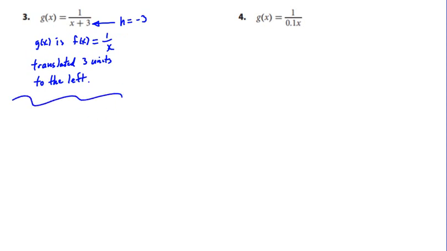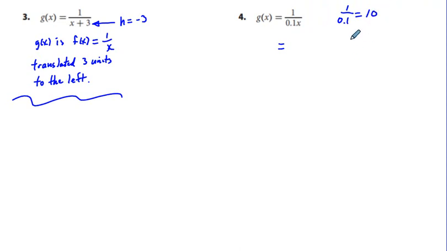Before we go on to the next odd number problem, for something like problem 4, where you have a coefficient in the denominator, what I like to do is make this like an a. If you're dividing by 0.1, that's the same as multiplying by 10.